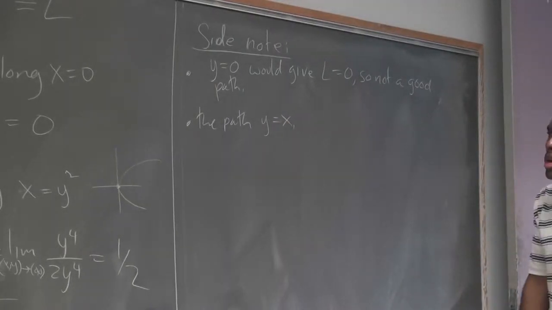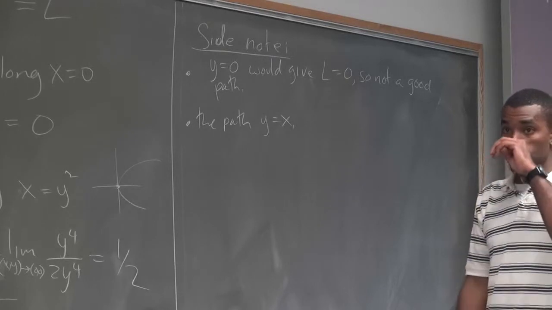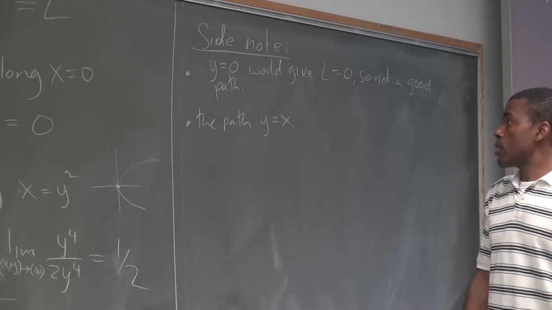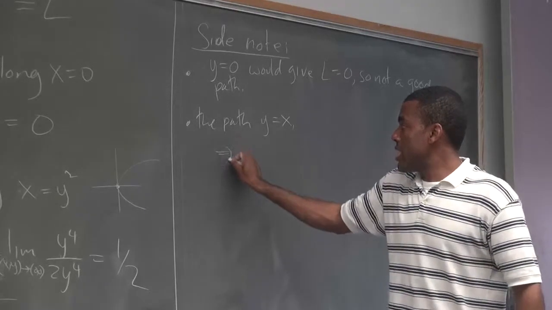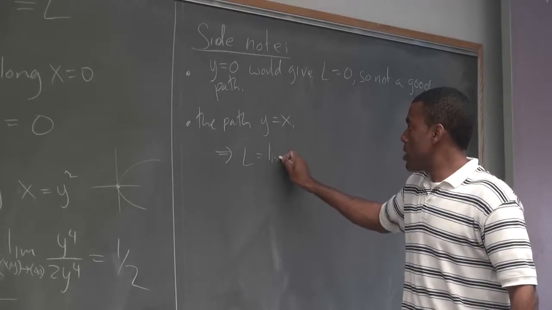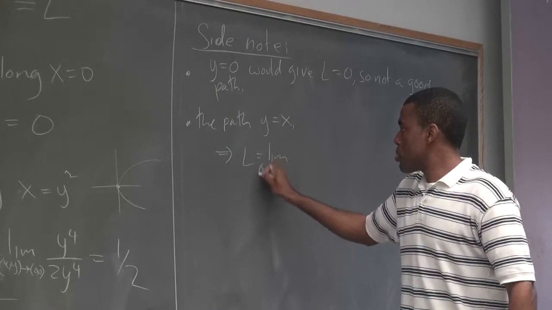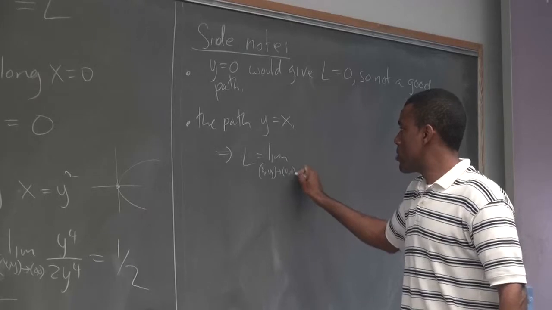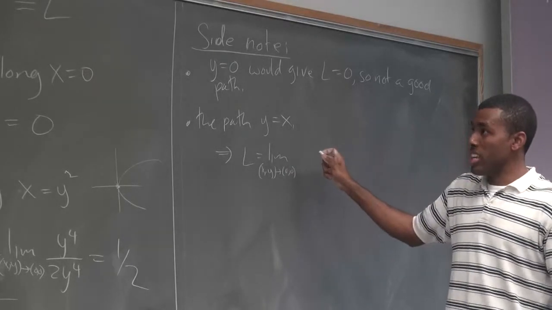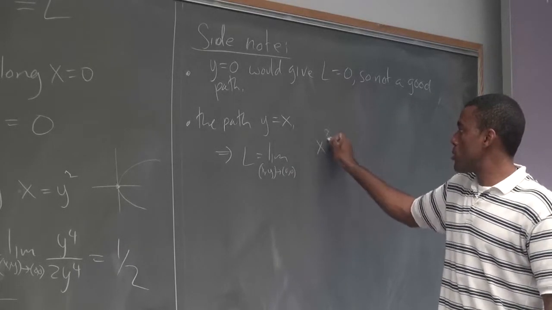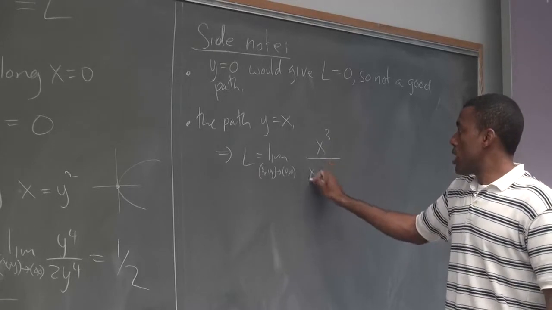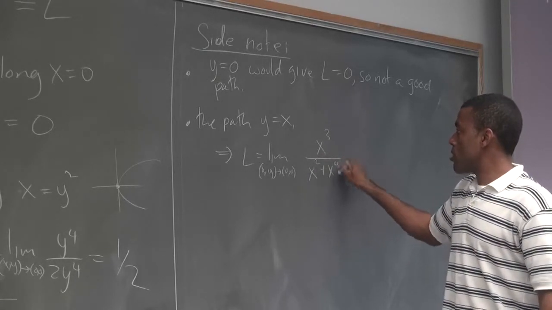What would happen if I made y equals x this time? Then in this case, L would be equal to the limit as (x,y) approaches (0,0) of, if I let y equals x, I would get x cubed over x squared plus x to the 4th.